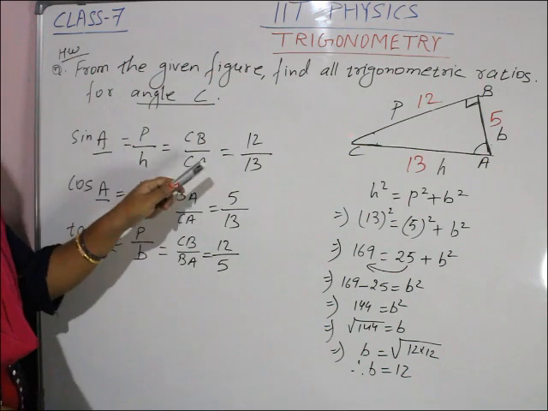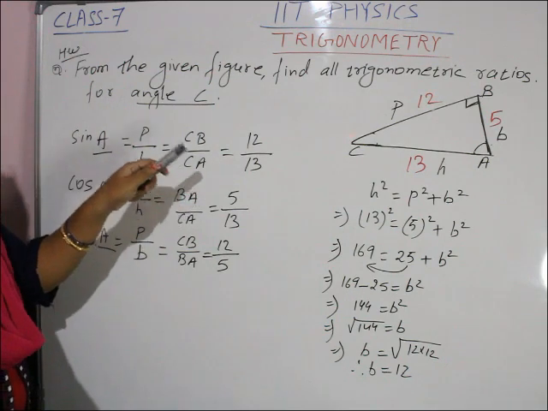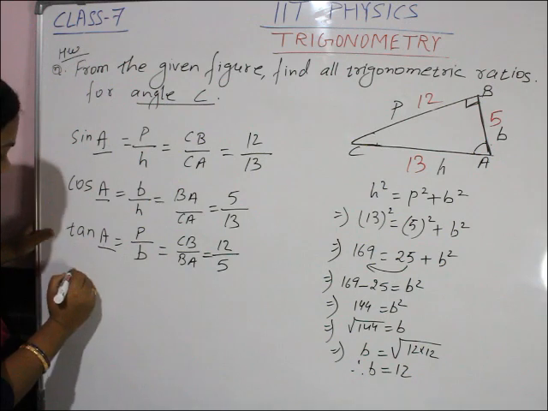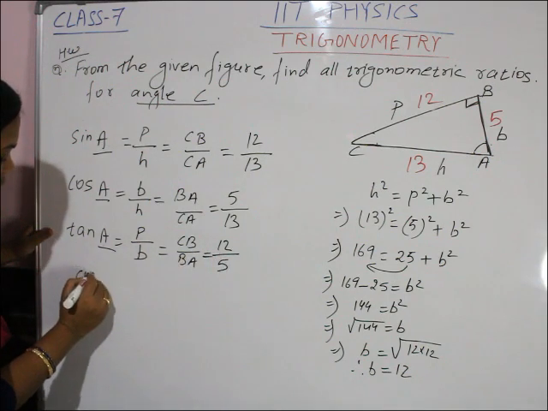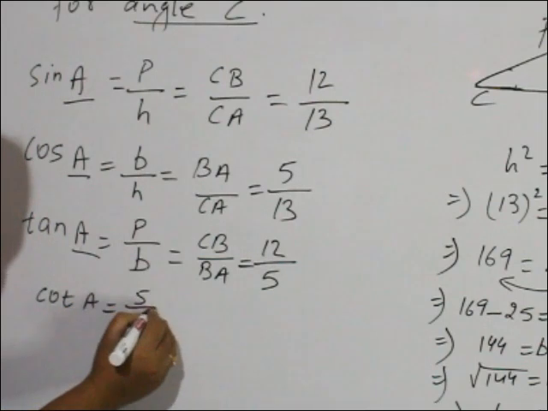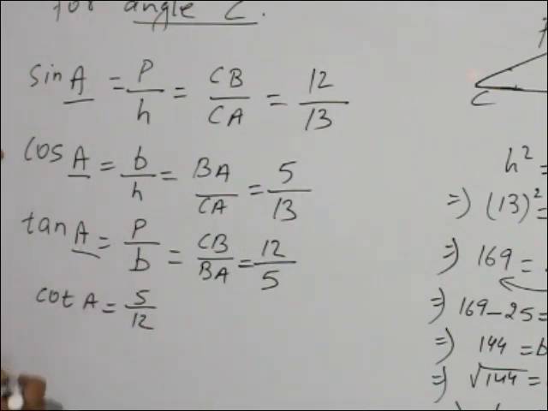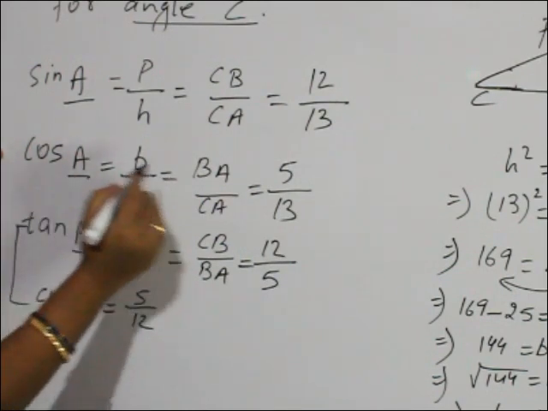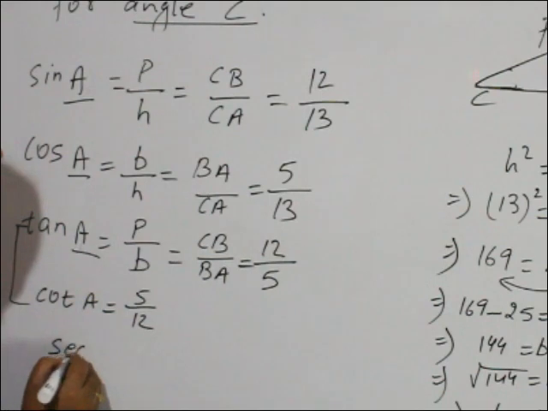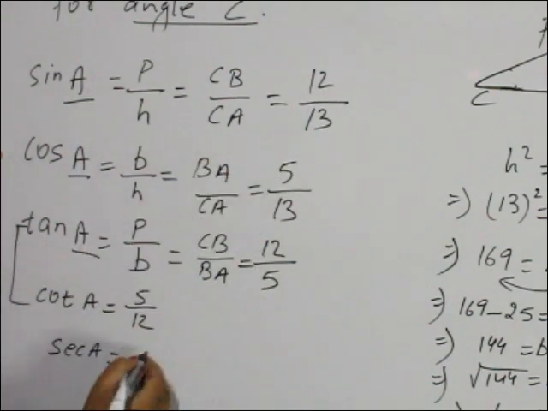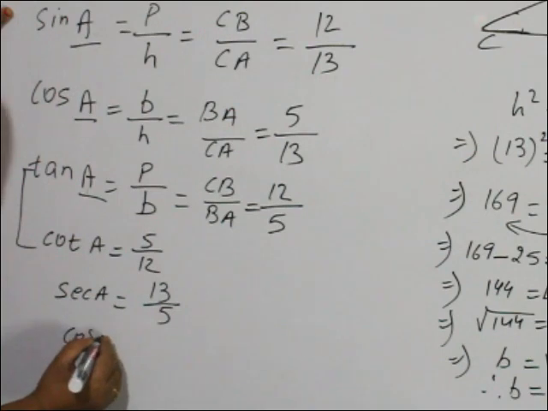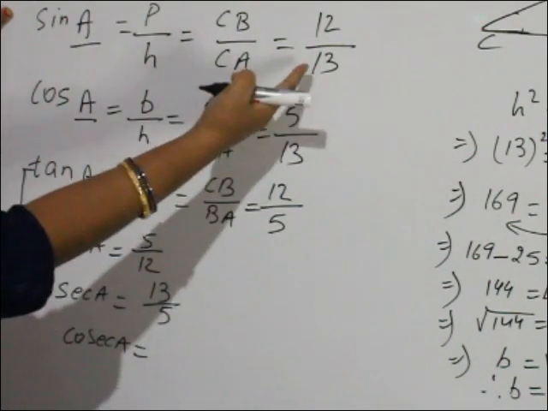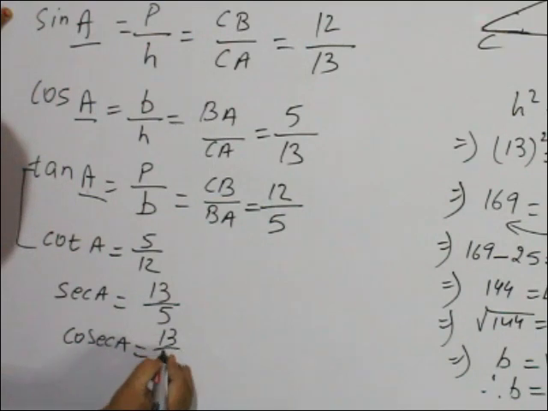If sin A is 12 by 13, cosec A will be 13 by 12. They are reciprocals.